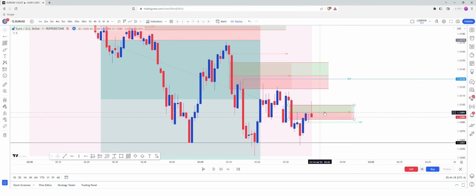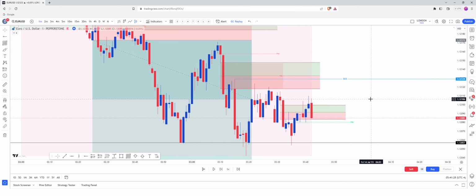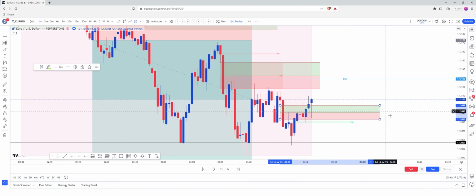Still respecting the 50% of this fair value gap, so I wouldn't be looking to go long at this point. Our break of structure is still up here. So we've closed through this fair value gap, potentially flipped it as an inversion fair value gap now, so we'll leave it on the charts.